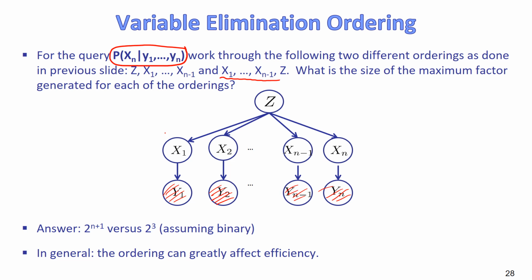What is the conditional probability table that is associated with this node? Do you remember what will be the conditional probability table here? It's the probability of the variable given its parents, right? So the factor here is P of what?